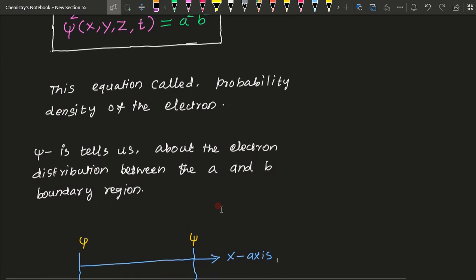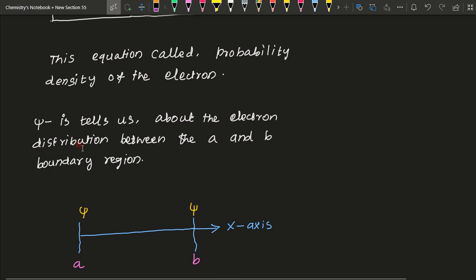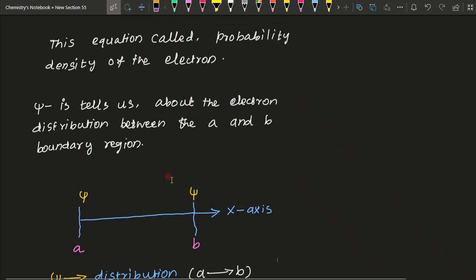Look carefully. Psi tells us about the electron distribution between the A and B boundary region only.